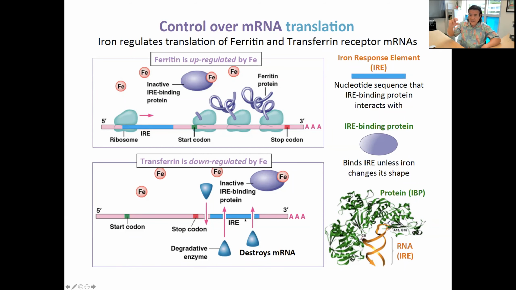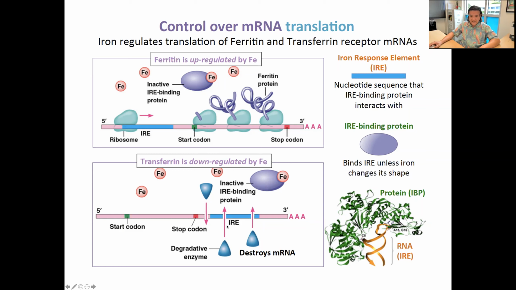All it means is it's some kind of sequence that allows translation of this mRNA to be influenced by the presence or absence of iron. In other words, translation is responding to the presence or absence of iron based upon whatever these sequences are in the IRE region.